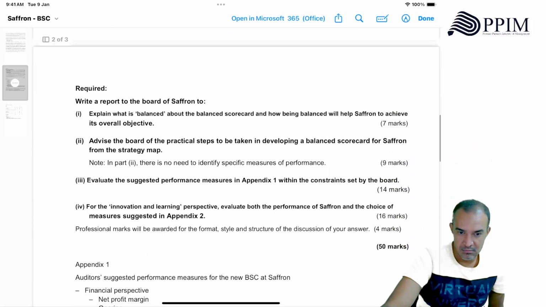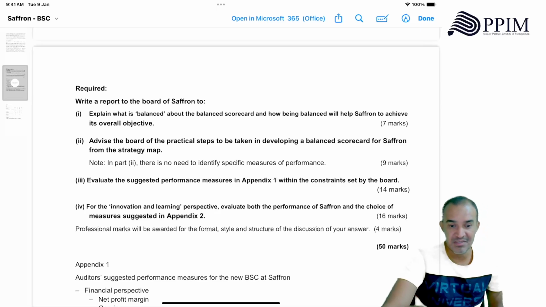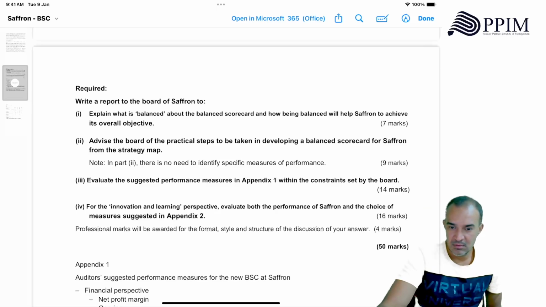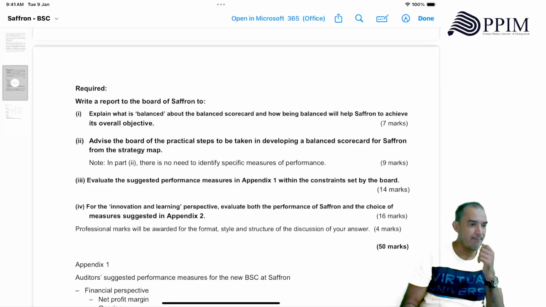Right, number two. Advise the board of the practical steps to be taken in developing a balanced scorecard for S from the strategy map. There's no need to identify specific measures of performance. Right, what would you say there?